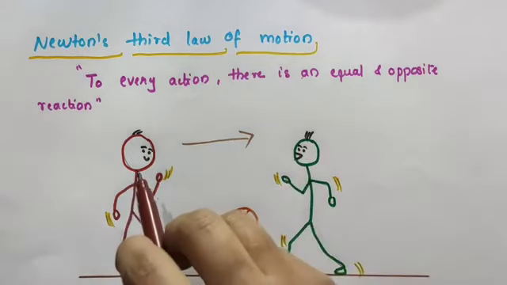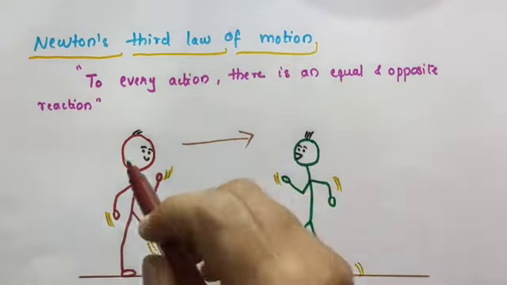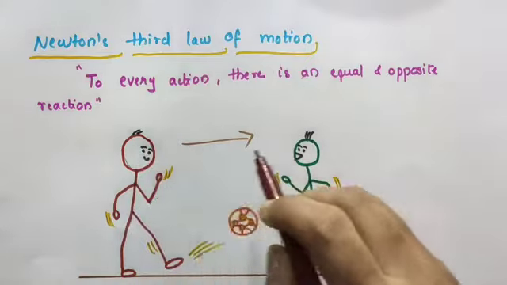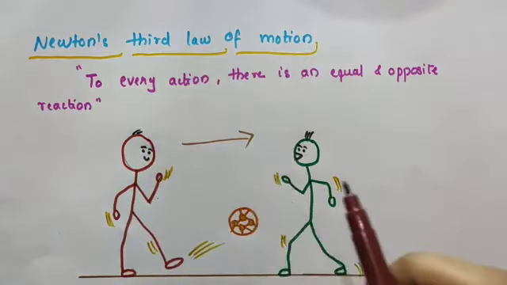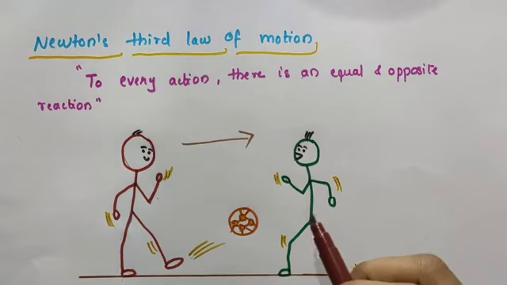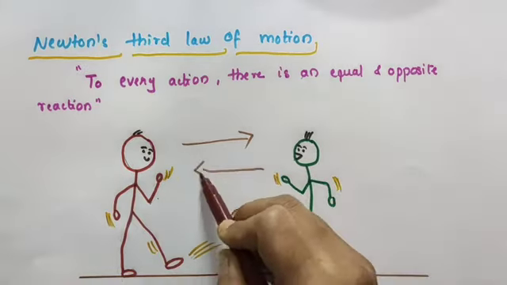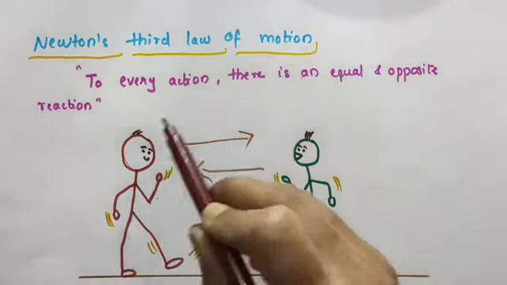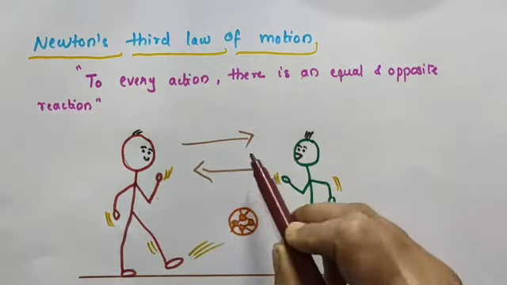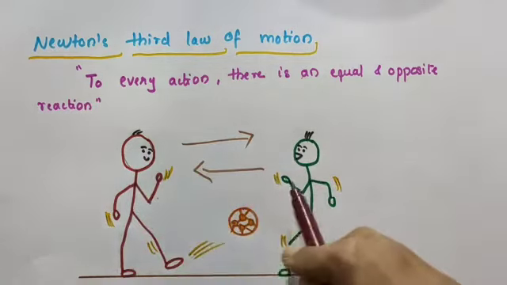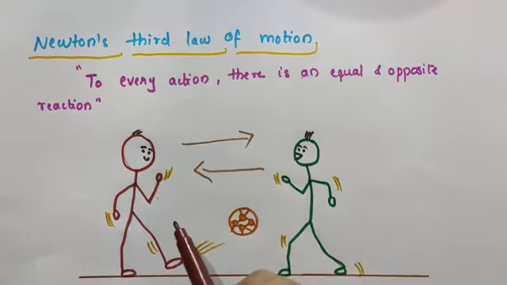Both are colliding with each other. And the second player simultaneously, or instantaneously, applies a force on the first player, but in this direction.